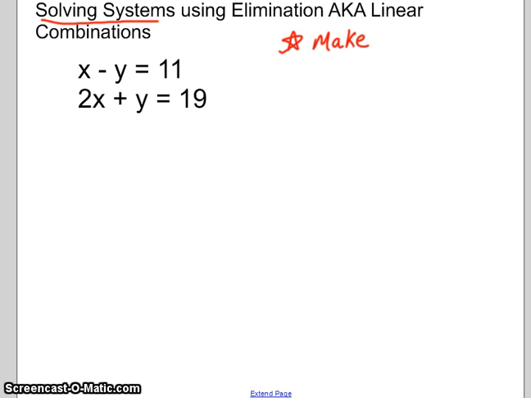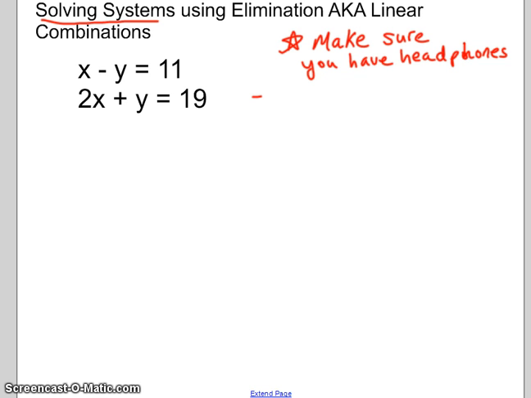This method is very useful for when we have both equations in standard form, meaning x and y are on the same side. And make sure you have some headphones in right now.